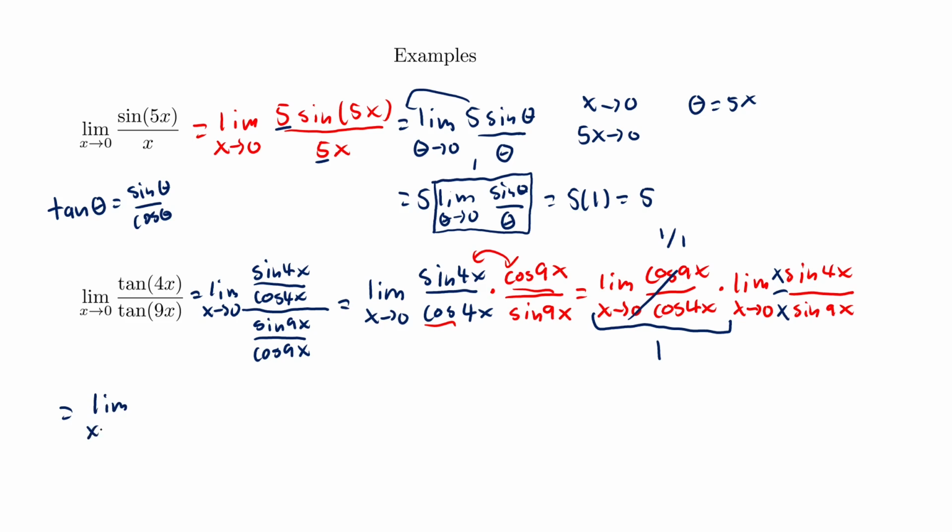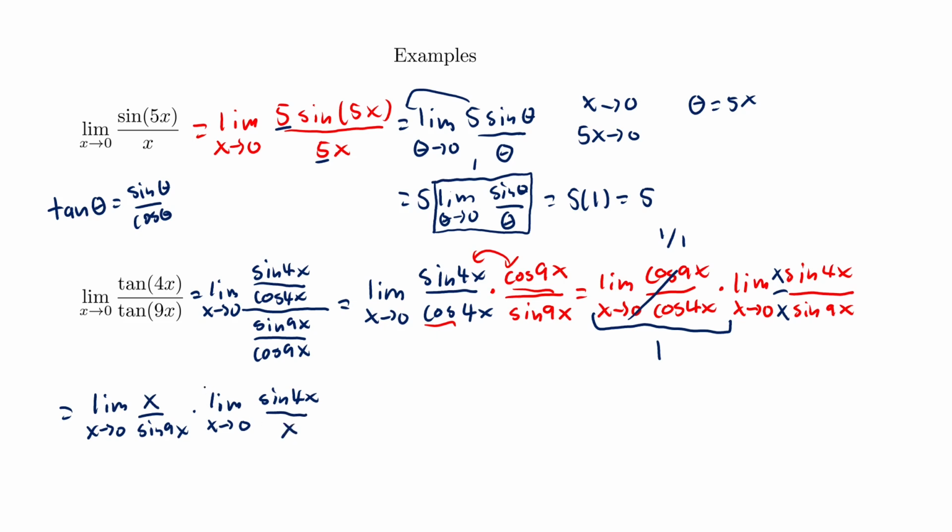The limit as x approaches 0 of x over sine of 9x times the limit as x approaches 0 of sine of 4x over x.